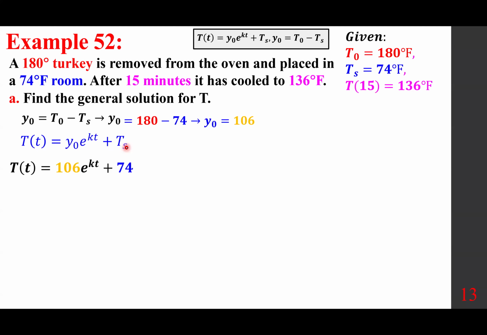What is missing is k. So we need to find the k, and there is one more piece of information here. T of 15 is 136. So right here, T of 15 is 106 e to the power of k times 15 plus 74 equals 136.